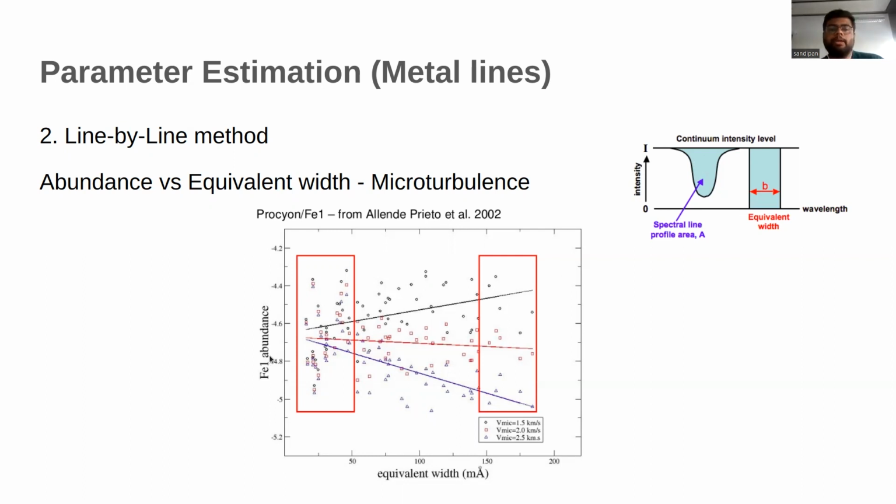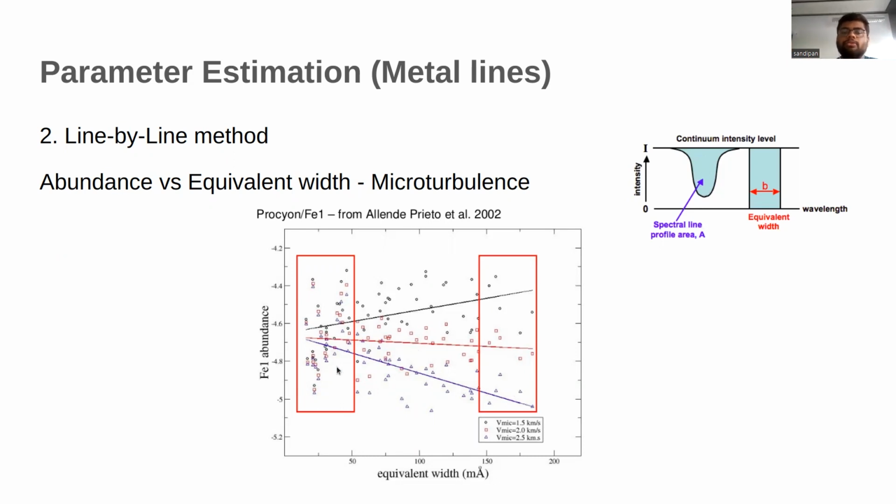So when you plot the abundance versus the equivalent widths, the microturbulence affects this area under the spectral line. And the effect will be different depending on the strength of the line. If the line is weak, the effect of the microturbulence on the area under the spectral line will be low, whereas the effect of the microturbulence at strong absorption lines will be high.